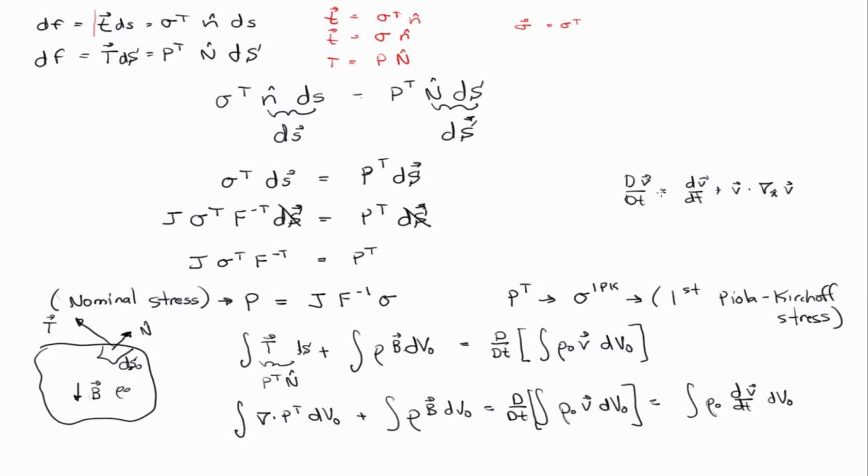So we can still use the same notation, and it unifies the way the equations look. I'll write the final equation as rho 0 dv/dt equals the gradient with respect to big X of P transpose. This equation has to hold for an arbitrary volume dV0, so all of the integrands must be equal.